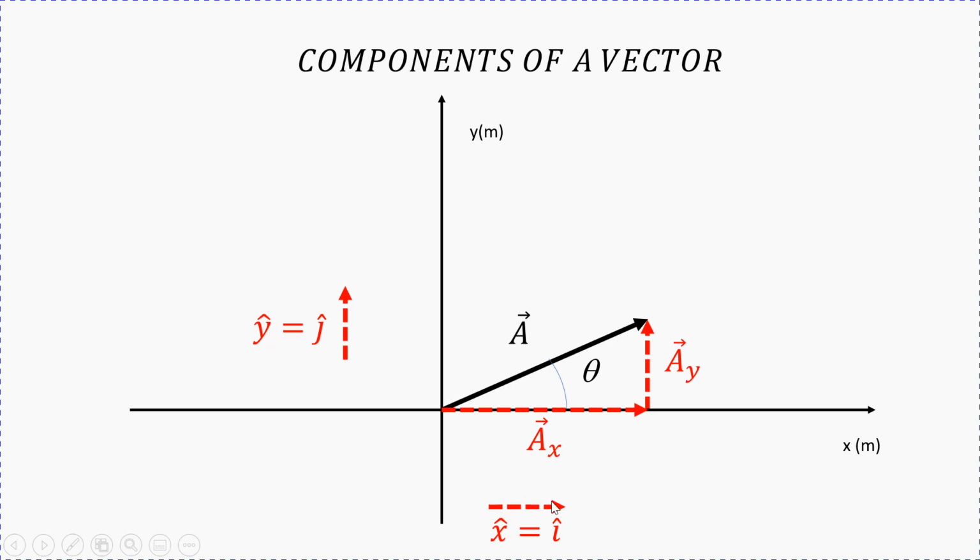One unit vector along the x direction and another unit vector along the y direction. Those unit vectors have no unit whatsoever. Okay? They are not measured in meters, they are not measured in kilograms, they are not measured in anything. Their unit is 1. Okay? But the length here will have a dimension. This length here will have a dimension, a sub x.